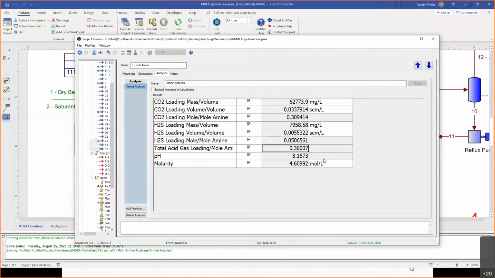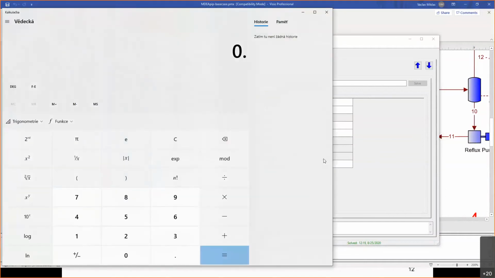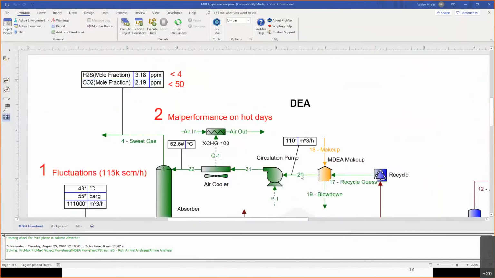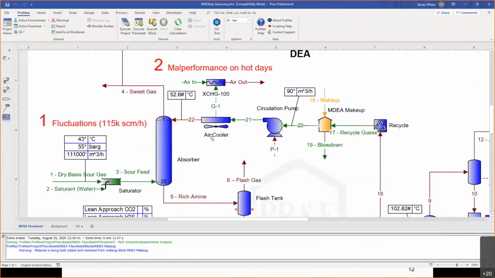I would say 0.45 is still reasonable. And so what I'm going to do, I'm just going to take 0.45 divided by 0.36. And so it's 1.25. And 110 divided by 1.25 is 88. So I would say that around 90 is probably a reasonable circulation rate for this new blend we're using.